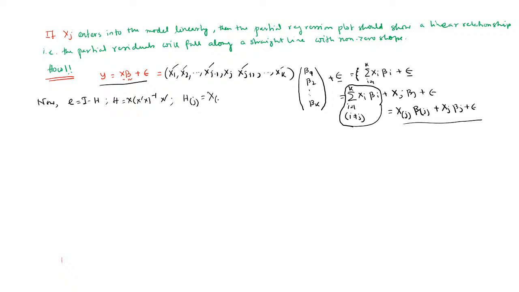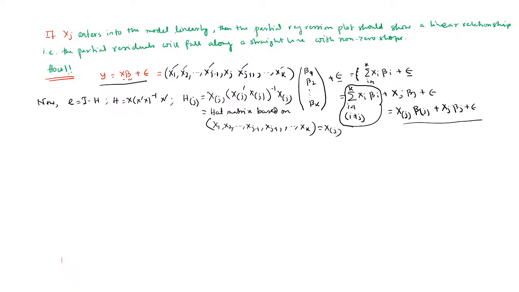So this is a hat matrix based on x1, x2, ..., xj minus 1, xj plus 1, ..., xk, which we collectively denote X within bracket j.